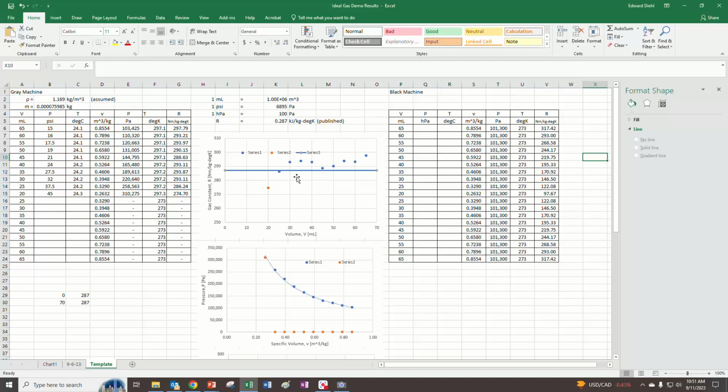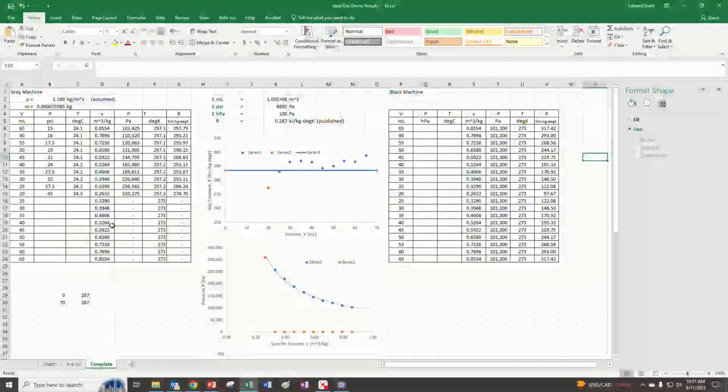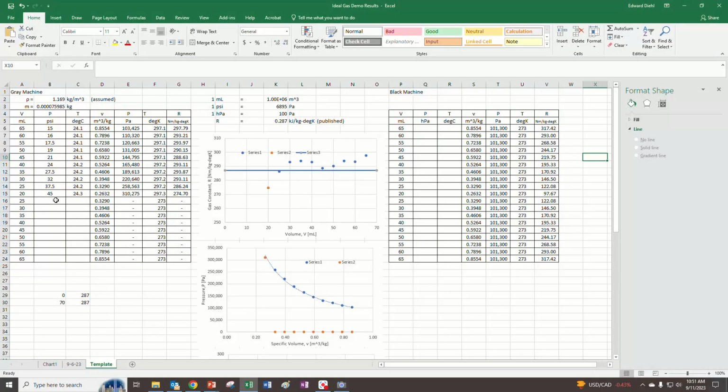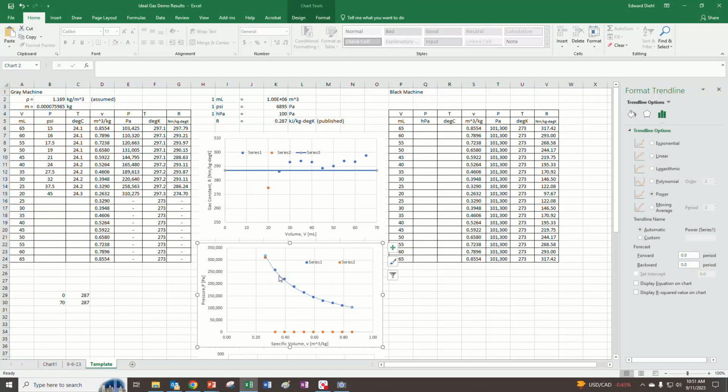Okay, so you can see here's the data that we collected. Interesting. We're at 11 minutes, but I really like this process. Check out that process. I've also put on top of this a power curve, because we would expect a polytropic process. We'll talk about that on a PV diagram.